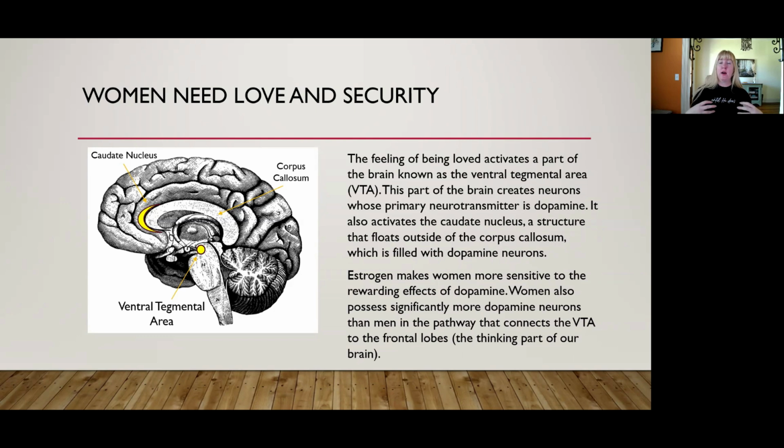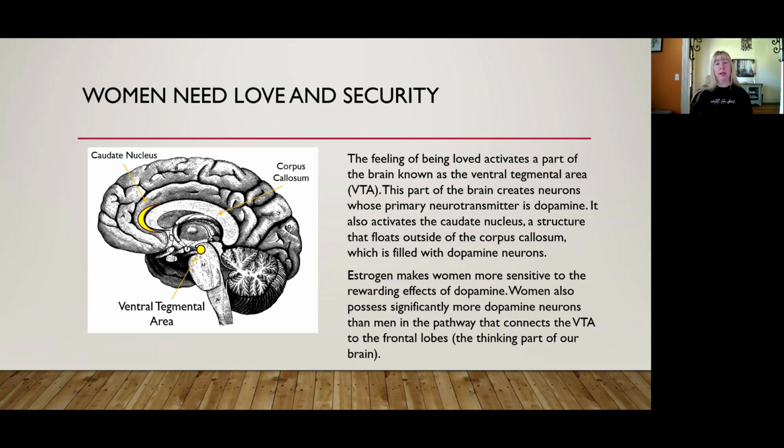When you make her feel loved, or when you have her think about love, when you have her seeing expressions of love, all of that is dopamine hits. It almost turns women into love addicts, right? And when we see that, it helps us to understand why this is such a strong emotional need for women. What we want is the husband to be the primary source of meeting this need.